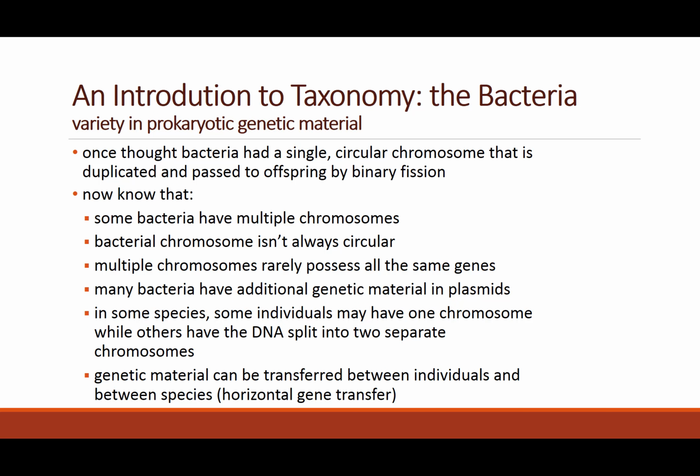Even within a single species, some of the individuals may have a single chromosome, while others have all of the genetic DNA to run the cell split up between two chromosomes.